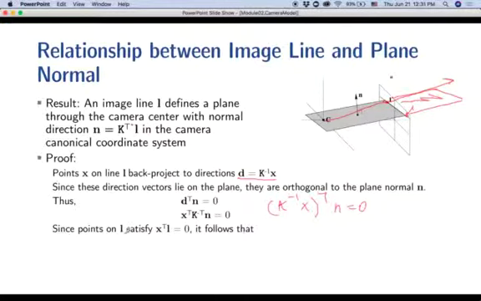Since X lies on that line, X transpose L is 0, so therefore this thing must be the line. That means L is K minus transpose N. This is a 3 vector, this is a 3 vector, and this is a 3 by 3 matrix. I can invert this, so N is K transpose L.